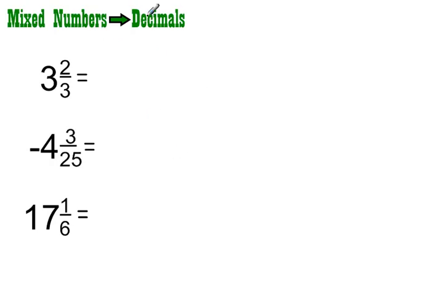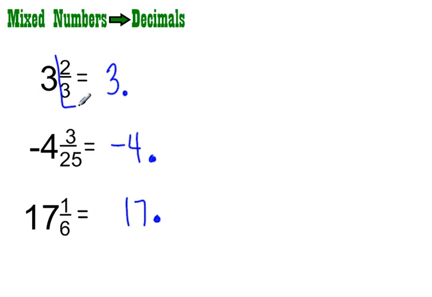Now we've got mixed numbers that we need to turn into decimals, and this is really going to follow the same process. The only difference is that mixed numbers have a whole number component that goes in front. So this will look like 3 point something. This will look like -4 point something. And this will look like 17 point something.